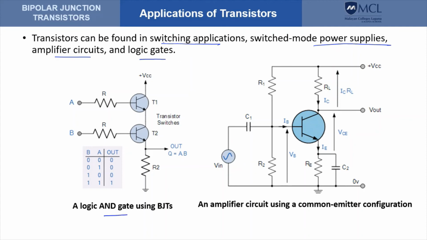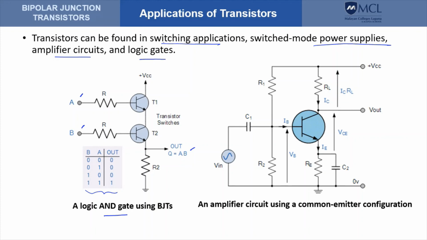An AND gate is a device that takes two inputs and outputs one output. This is the truth table for this gate. A truth table shows the combination of the two inputs and the resulting output.